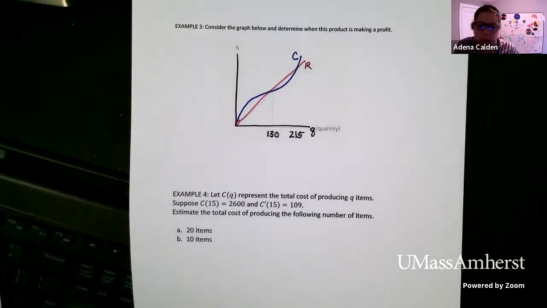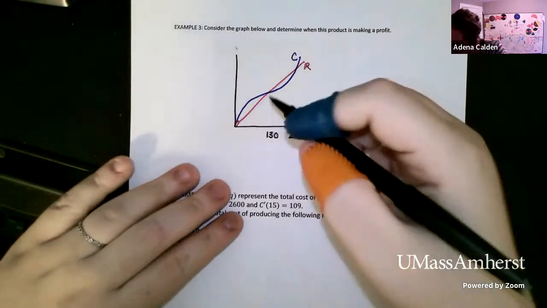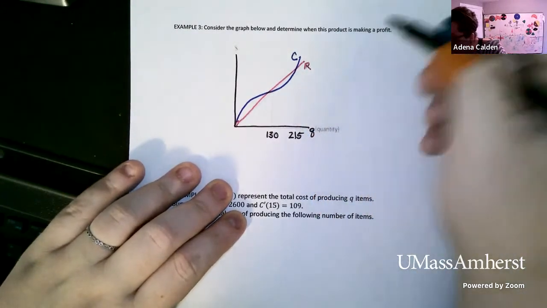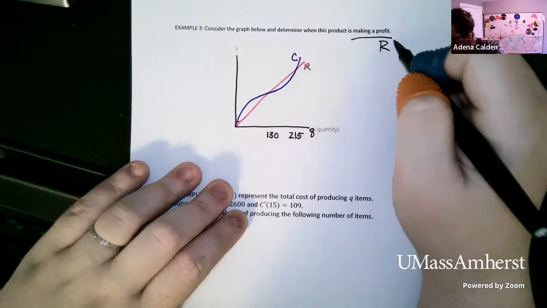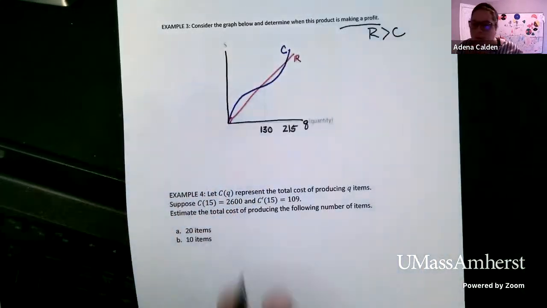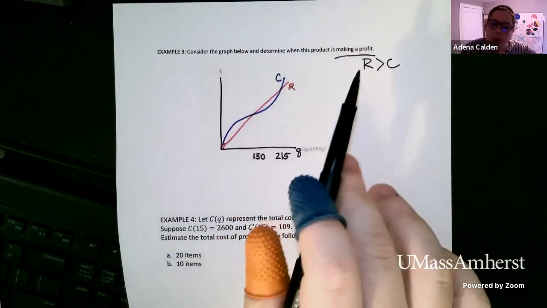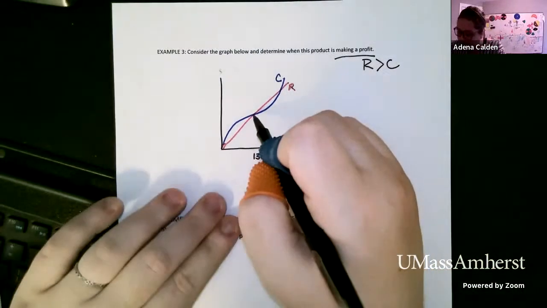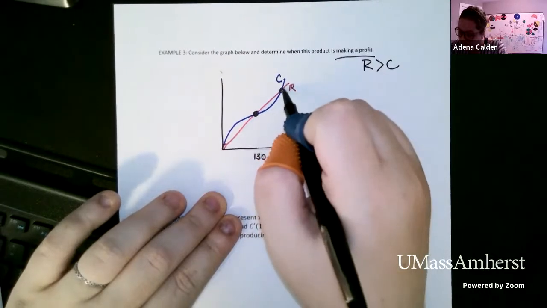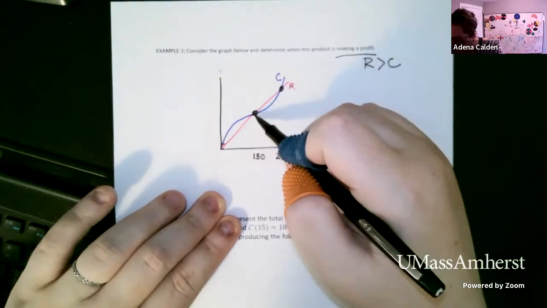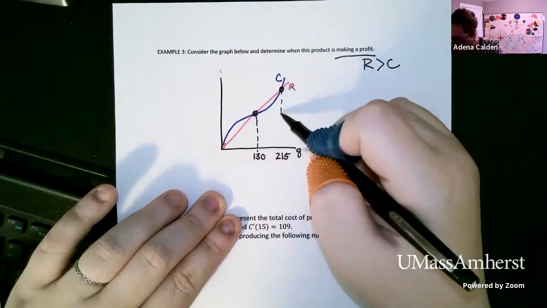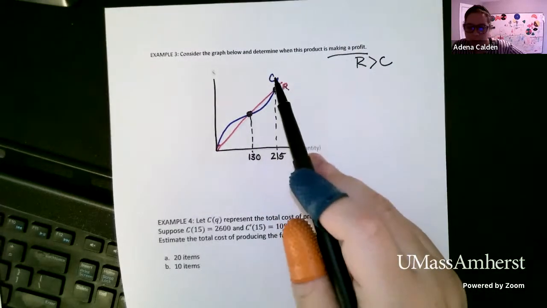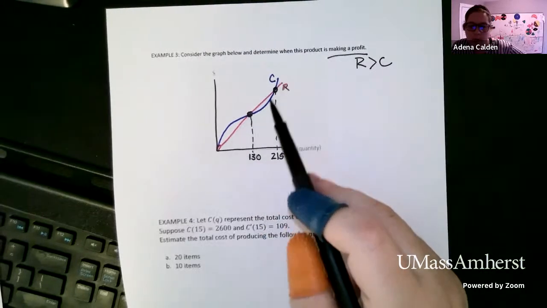So if you look at what's going on here, if we're going to talk about where we're making a profit, we're really looking for where revenue is greater than cost, okay? We're looking for where the amount of money that we take in is more than the amount of money we're spending, right? And so that happens in this interval here, where the red line is above the blue line, because R is revenue, C is cost.